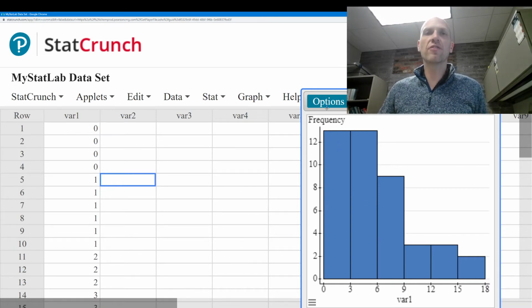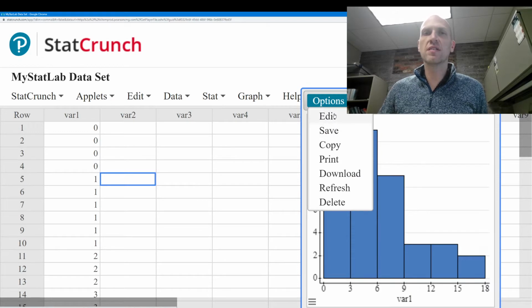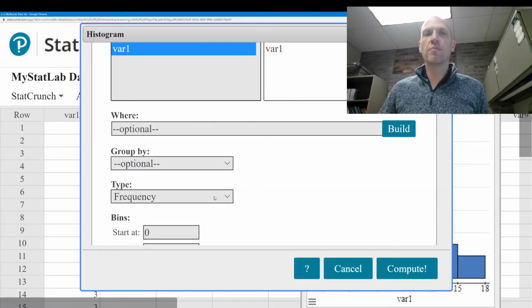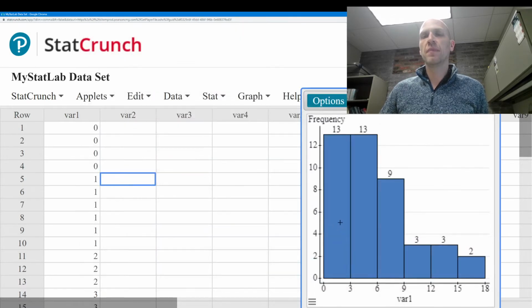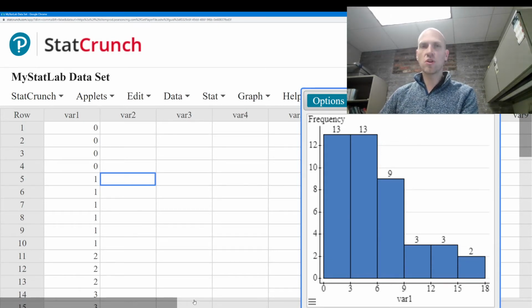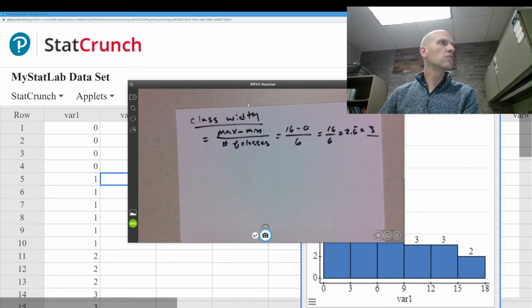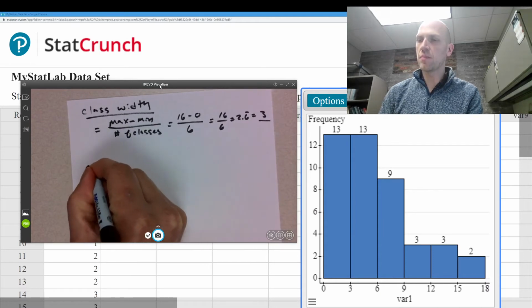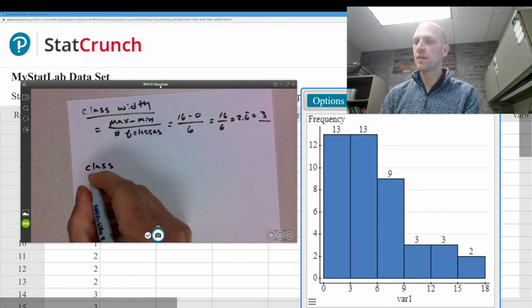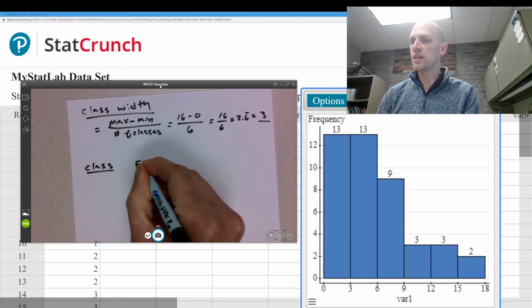One of the things I forgot to do is put the frequencies on top. Let me do that by hitting view value over bar. There's the frequencies. Now I am going to start to create my little table: my class, my frequency.